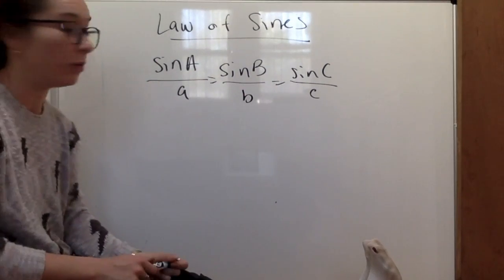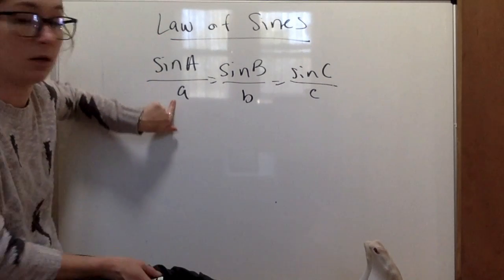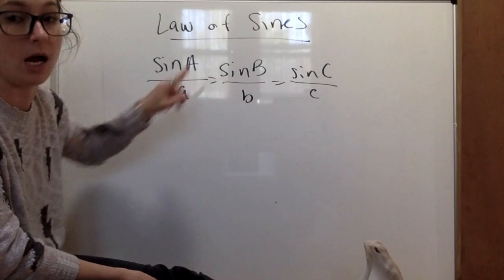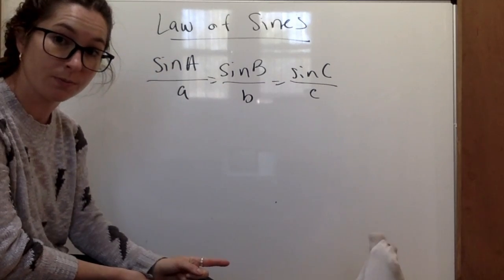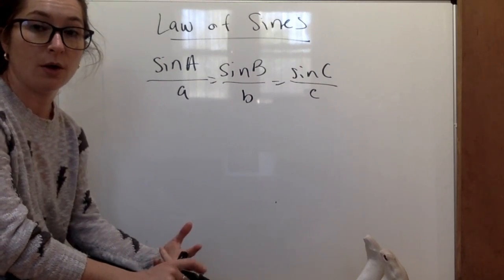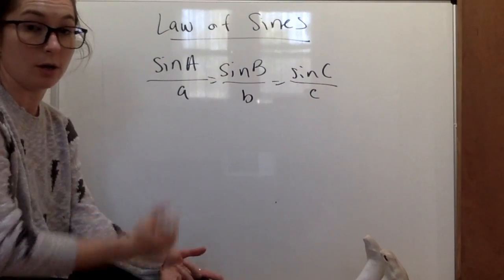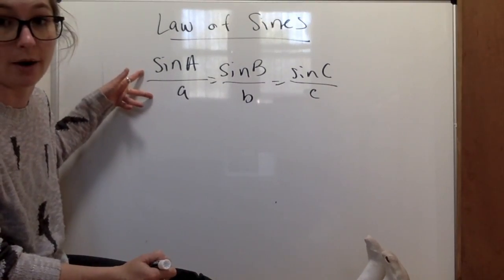So this means that if you have an angle and the side length across from it, and any other piece of information, so any other angle, any other side length, you can find the rest of the triangle. But you have to have at least one pair.